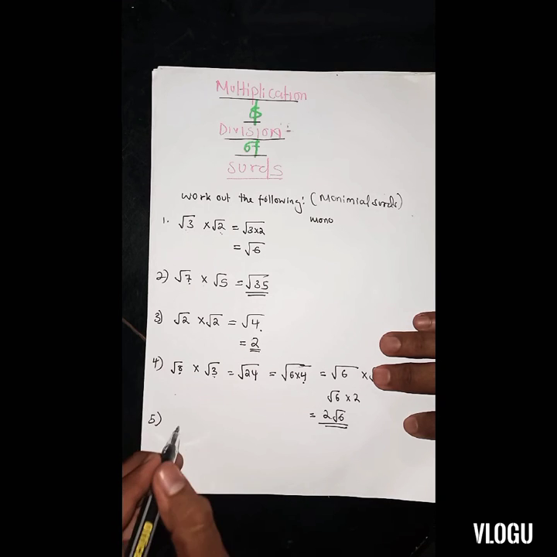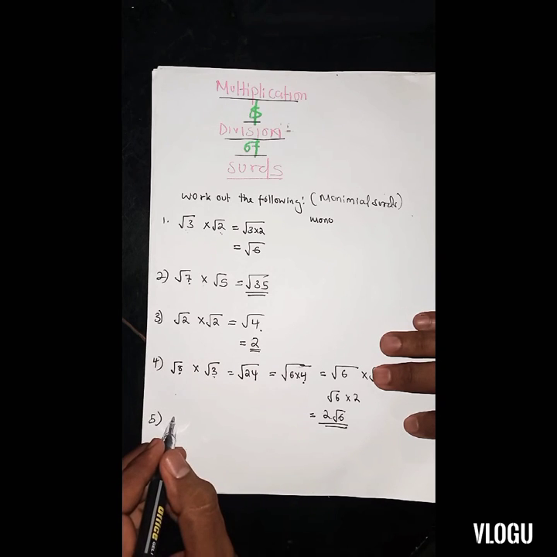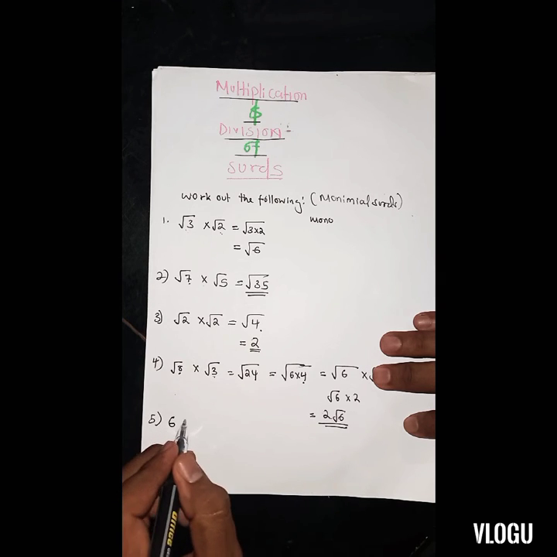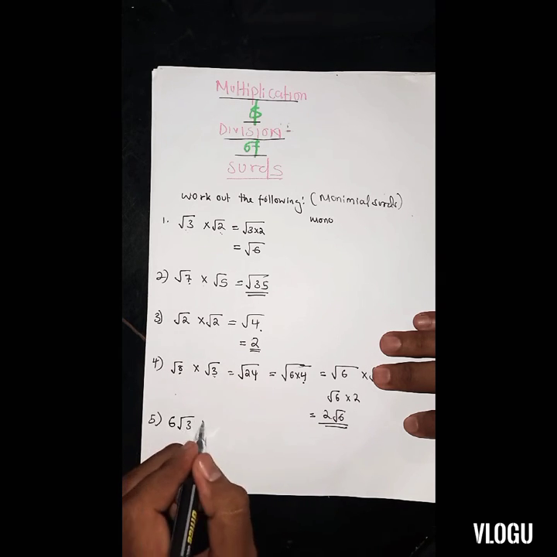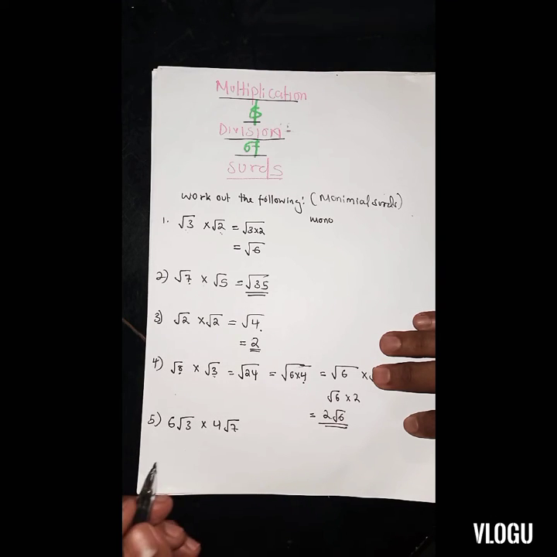Now let's go to a different kind of multiplication of surds, a mixed surd: 6 root 3 times 4 root 7. Still, the same order will work here as well.